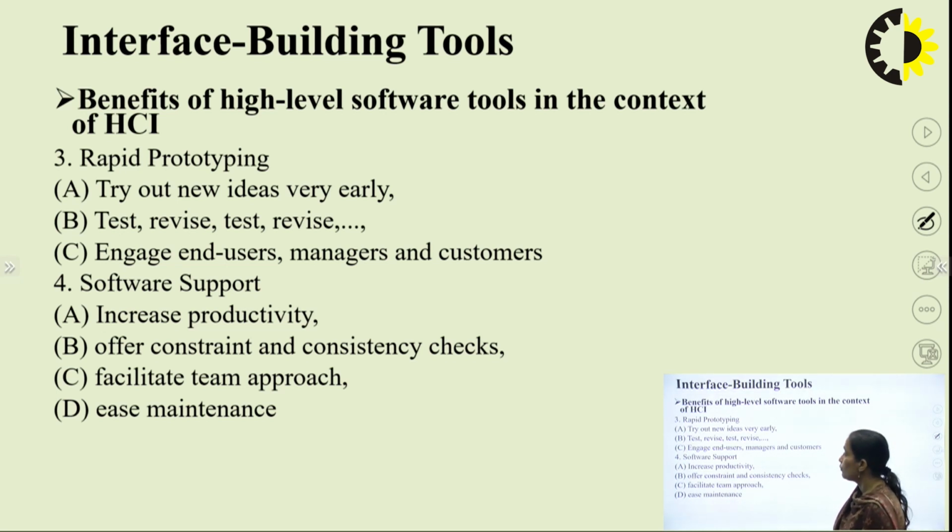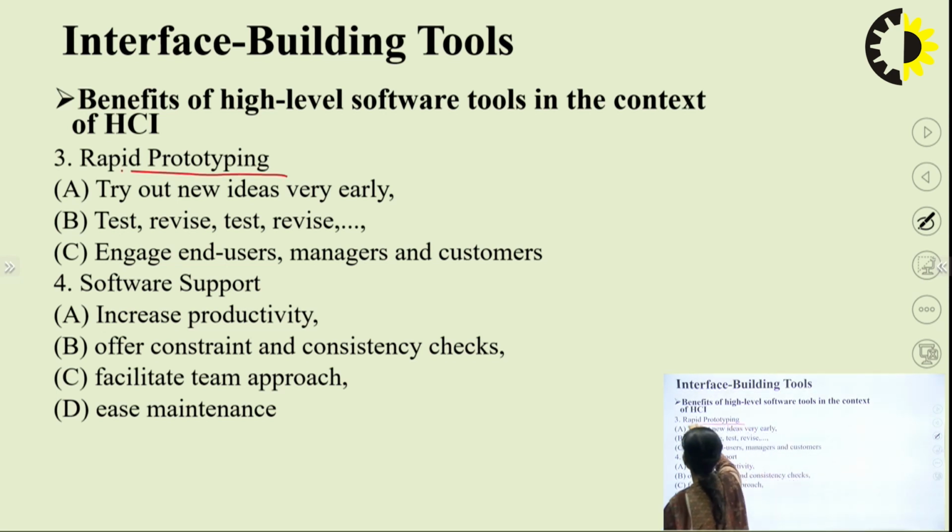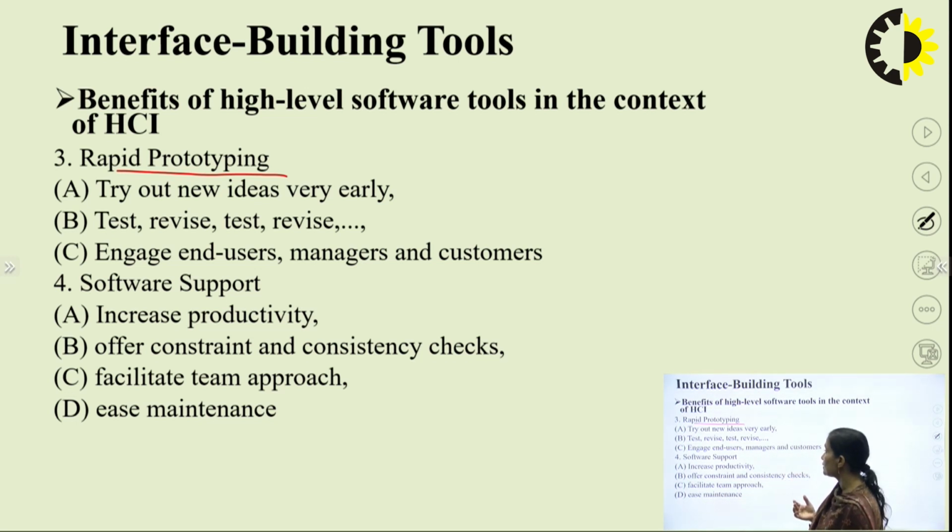Then moving on to rapid prototyping, it means we try new ideas very early. We test it, we revise it, we test it, we revise it, and so on. Rapid prototyping means we engage the end users to check a smaller set of input and then customize according to their new requirements.